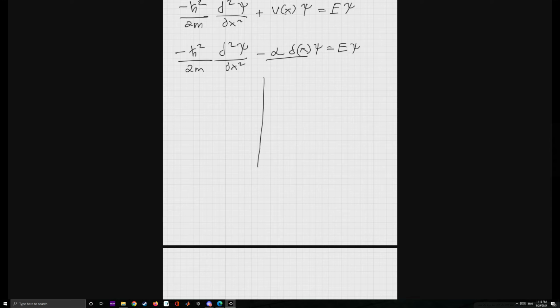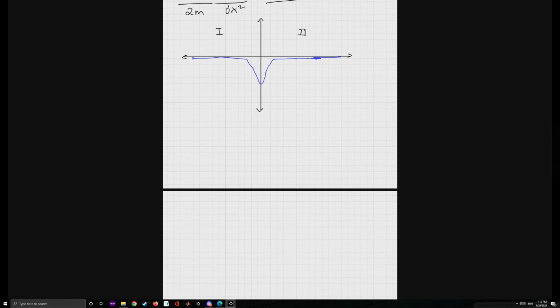So what we need is to look at different regions. Let us say this is going to be region 1 and region 2, because our function will spike at 0. And so we will be looking at where x is smaller than 0 and where x is greater than 0.